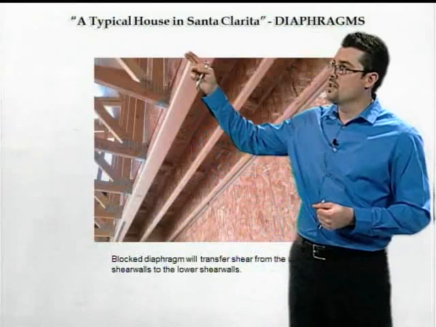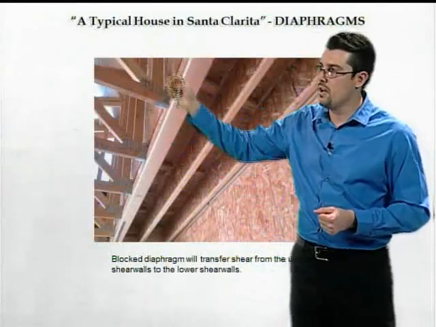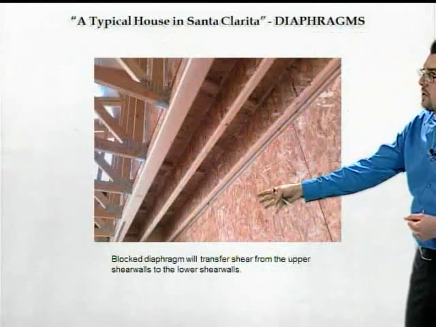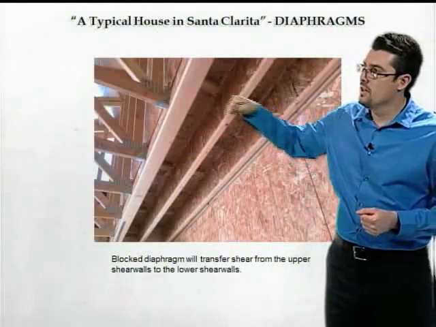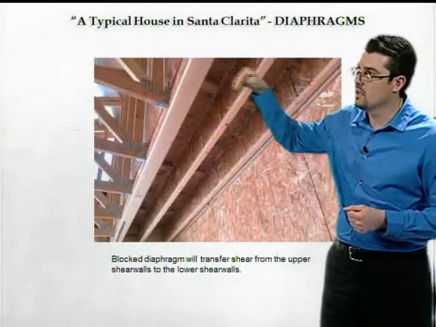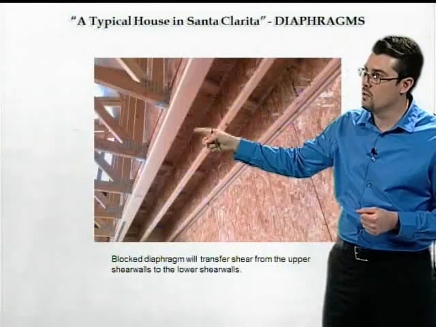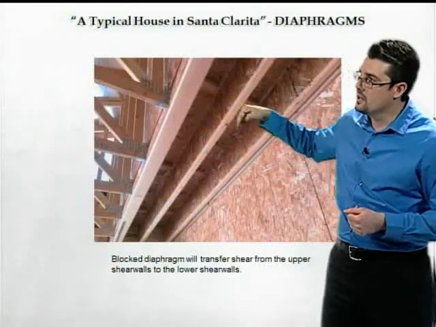So what we have here is, up here, this is a plywood shear wall up on the 2nd floor of our house. This is a plywood shear wall on the 1st floor of our house. And this portion right here is the floor on the second floor framing. So we've got our wood I-joists, and you can see we've got plywood in here.